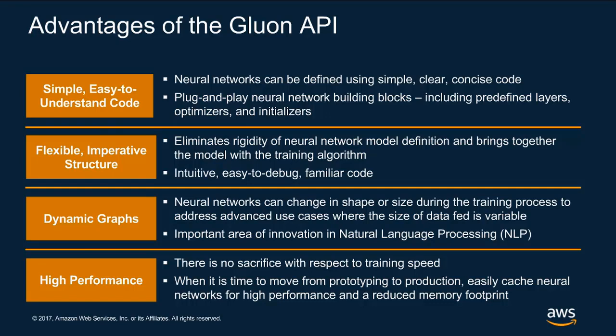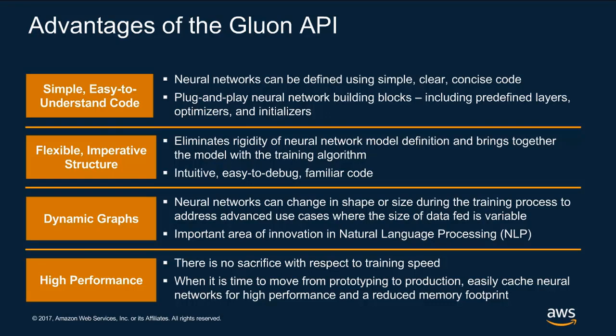Dynamic graphs are a major development in the natural language processing space. That essentially means that your neural network models can be constructed on the fly during the training process. For example, there's a tree-based LSTM model which reconstructs the neural network on each pass, and that's enabled by fully imperative interfaces like Gluon.